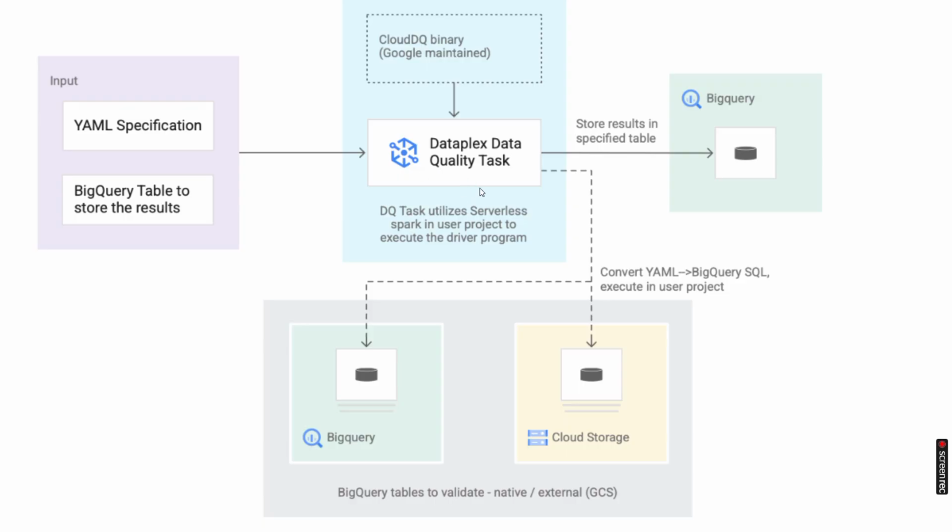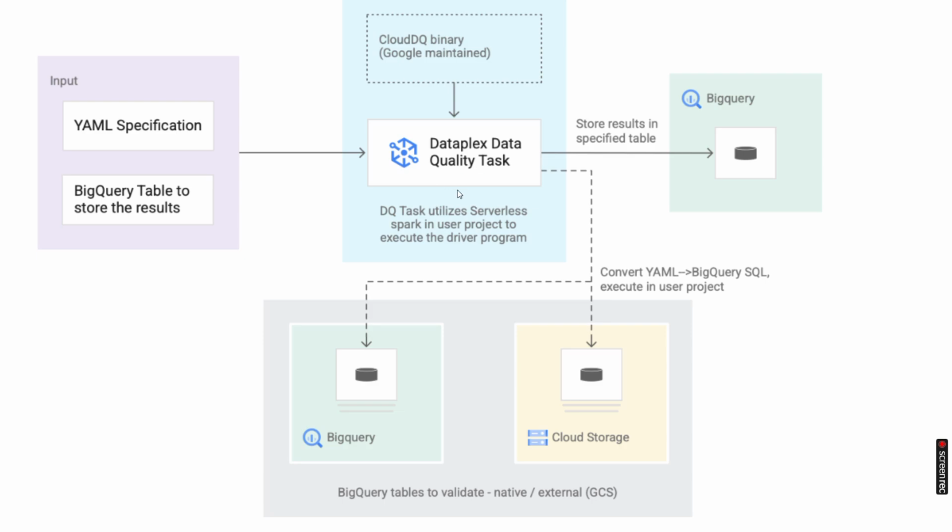The Dataplex data quality task, the DQ task we will be creating, utilizes serverless Spark in the user project to execute the job. That is Dataproc. The Dataproc clusters will be created automatically.